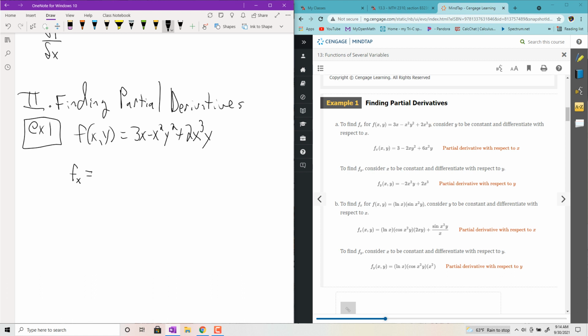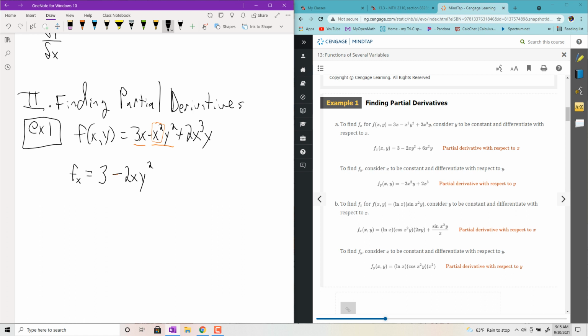Okay, so with respect to x, the first term here, the derivative of 3x is just 3. The second term, the only variable part is this x squared part. This y squared thing, you just consider as a constant, and you don't take the derivative of it. So you're going to get minus 2x y squared.